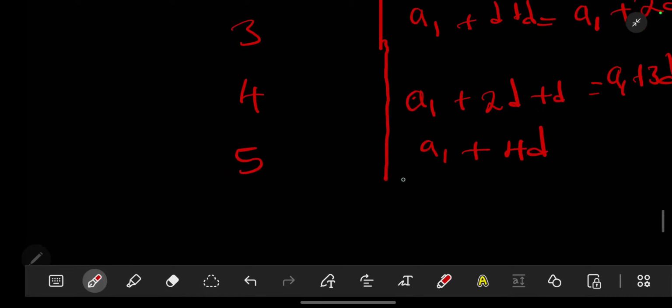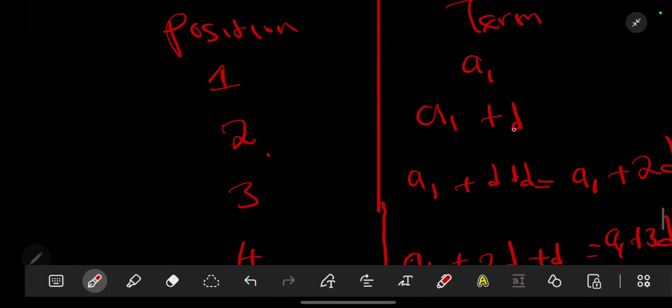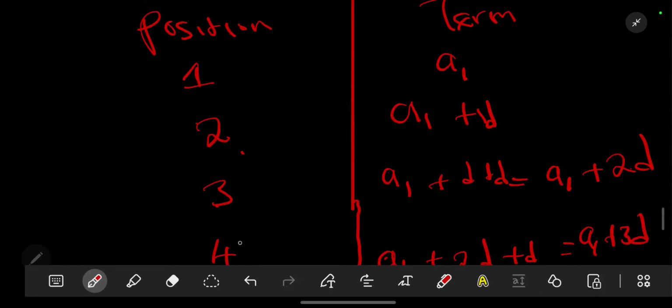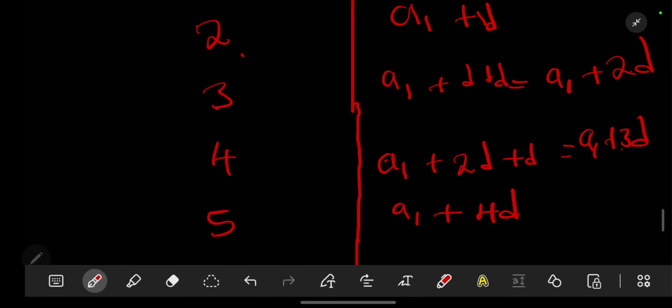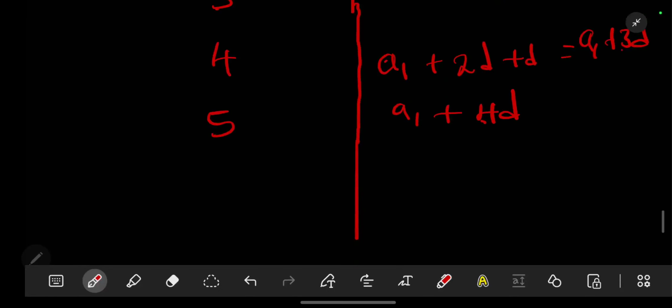Now, as you look at the pattern, the second term has 1D, the third term has 2D, the fourth term has 3D, and the fifth term has 4D. So as we continue, the coefficient of D is less than the term number by 1.